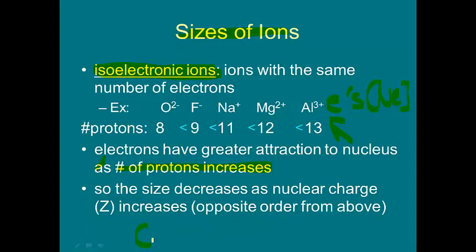In other words, your oxide ion is going to be the largest because it has the fewest protons trying to attract the electrons to the center, whereas your aluminum 3 plus is going to be the smallest because it has the largest number of protons pulling those same electrons in.